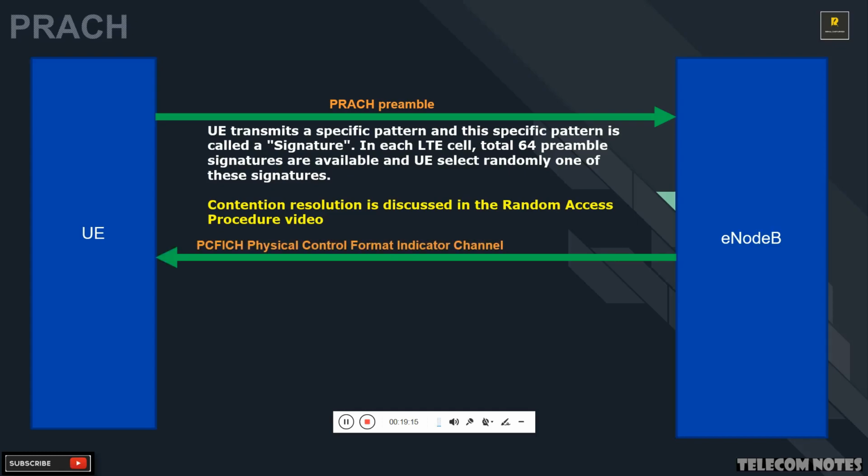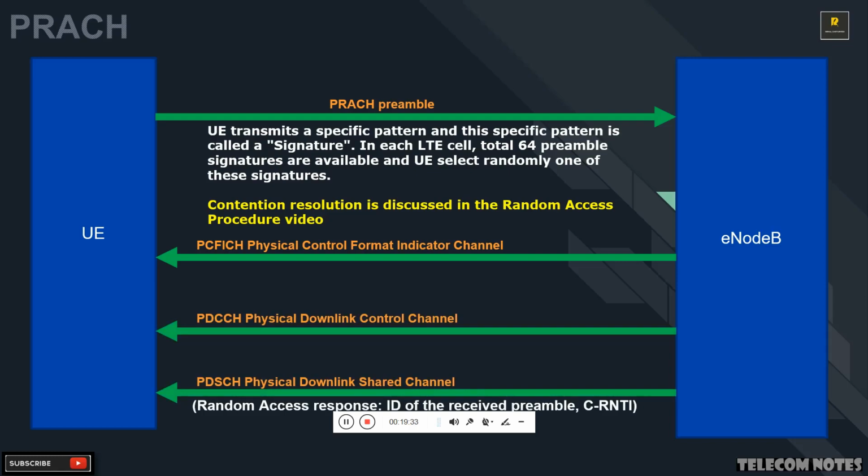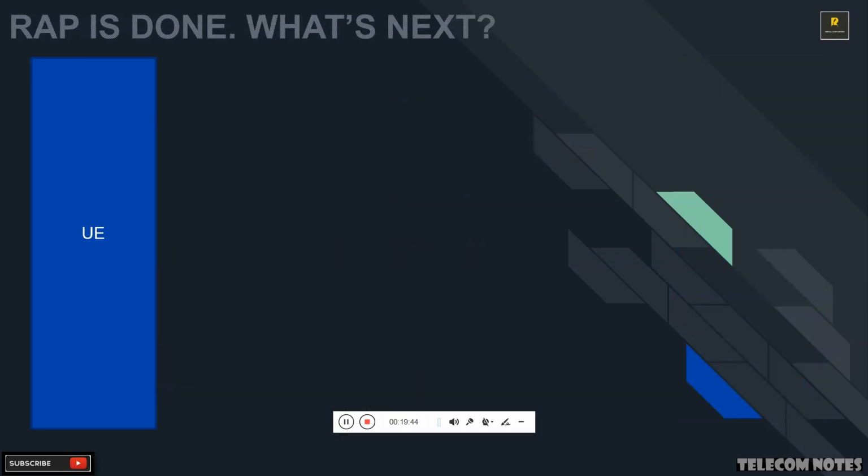Now coming further, when the UE sends the preamble to the eNode B, the eNode B sends the PCFICH channel again first, so that it can decode PDCCH, and after PDCCH it will decode the PDSCH that contains the random access response ID of the received preamble and contains the C-RNTI. So the random access procedure is done.